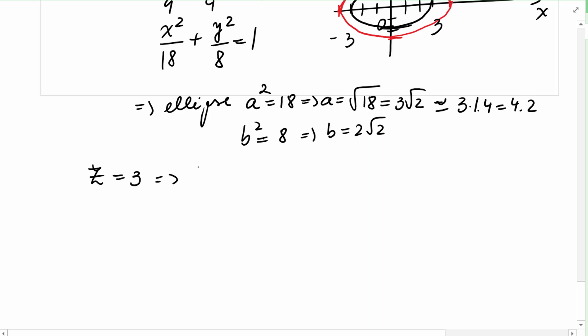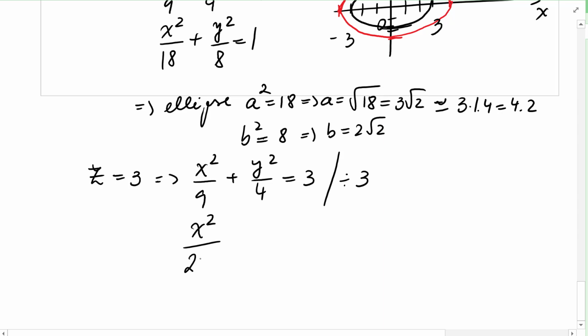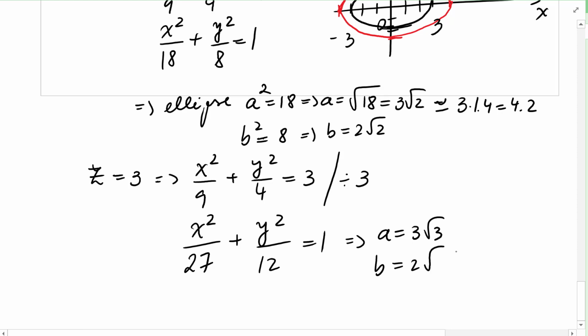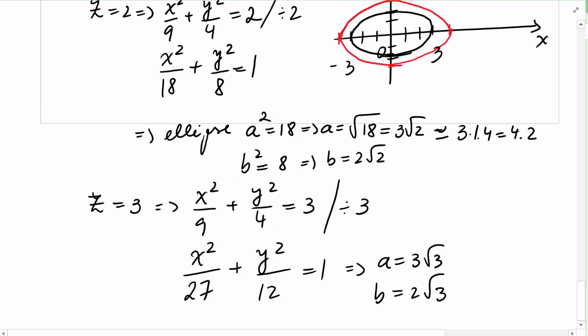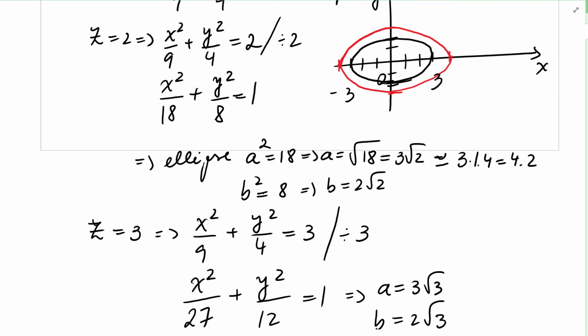And so on. If z equals 3, then we have x squared over 9 plus y squared over 4 equals 3. We divide everything by 3 and we get x squared over 27 plus y squared over 12 equals 1. Again, an ellipse where a equals 3 square root of 3 and b equals 2 square root of 3. So 3 square root of 3 would be 3 times 1.7, so it would be 5.1.